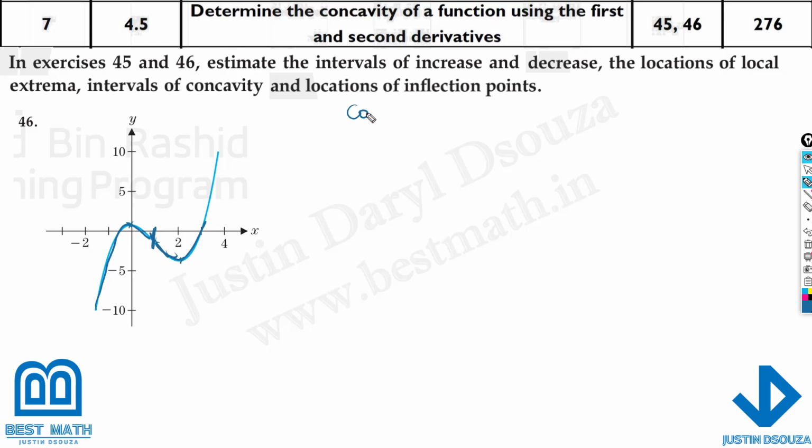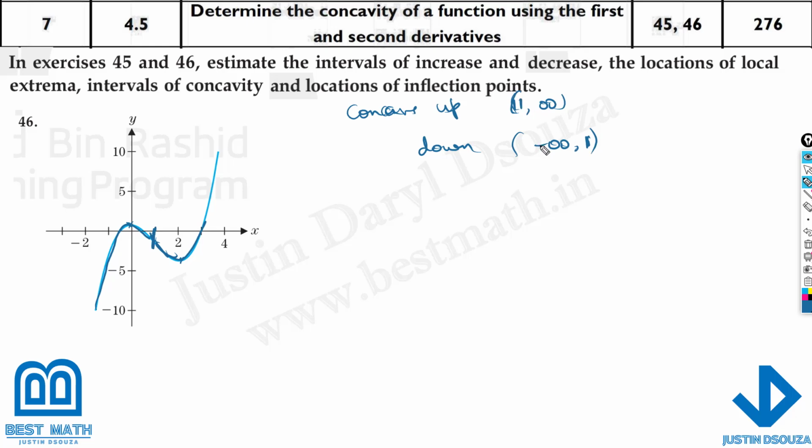So concave up will be, it's 0, 1, 2, so it's somewhere at 1, from 1 to infinity concaving up. Down would be minus infinity to 1. This is 1.